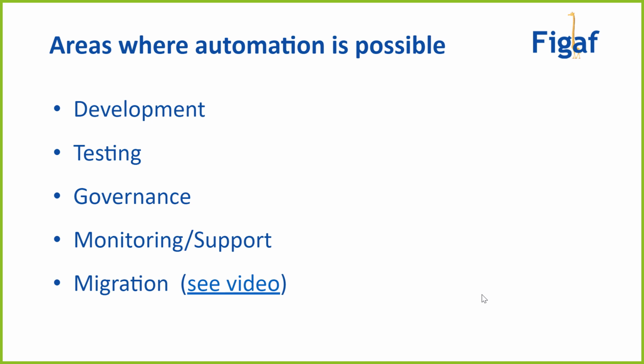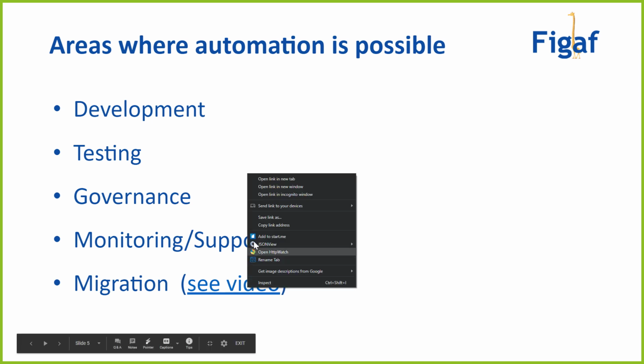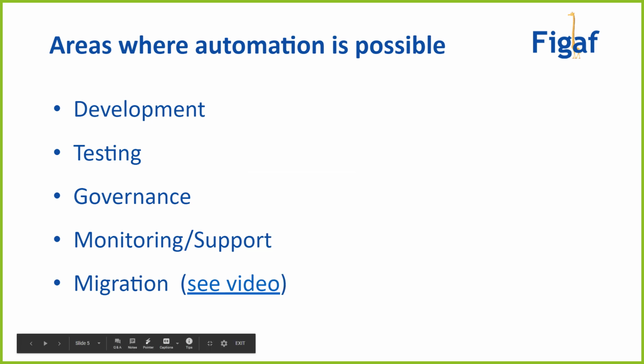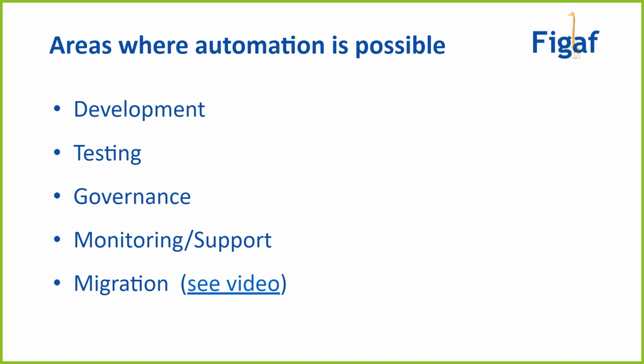And then migration. I did a webinar a couple of weeks ago, and if you're planning a migration, you can watch this video and see what we can actually do with migration of PI to PO in that perspective.